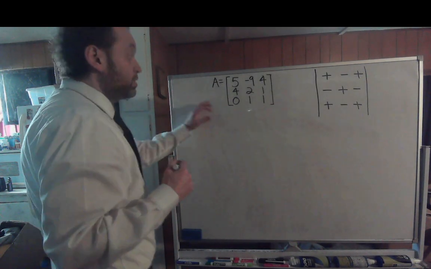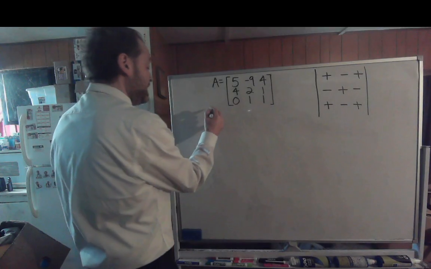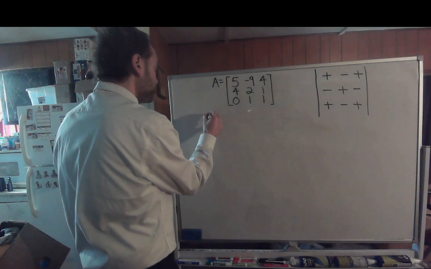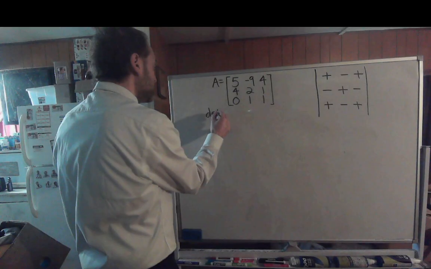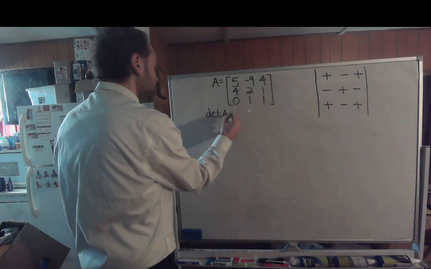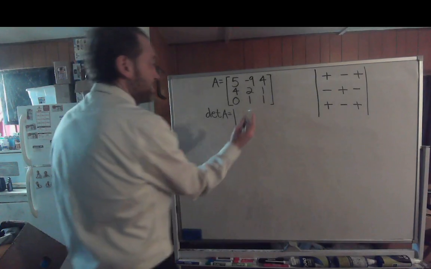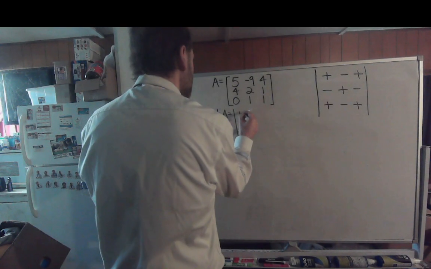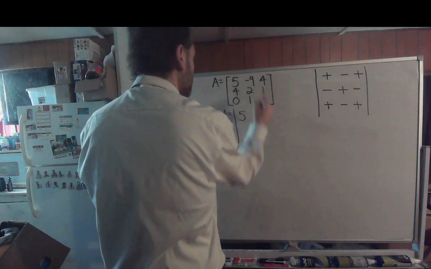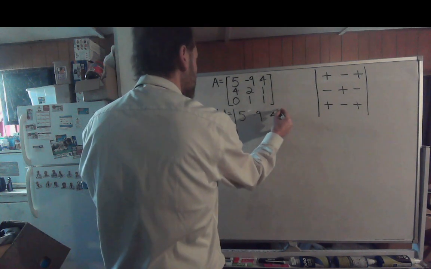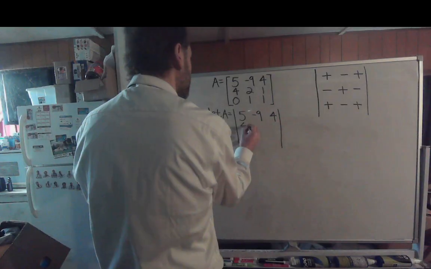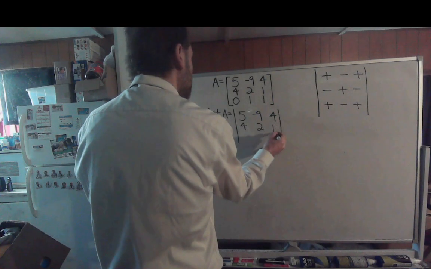Okay, so we're going to evaluate the determinant of A here. Let me just set up a separate determinant notation here so I don't have to keep trying to rebuild the original matrix, because we'll be here forever if I don't do this.